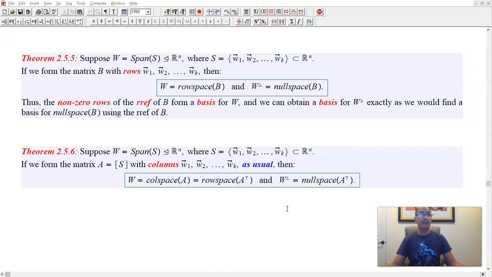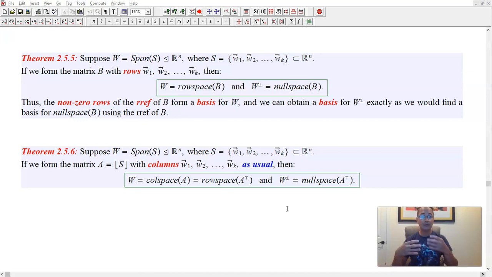If W is the span of S, a set of vectors from Rn, where S is w1 through wk, and we form the matrix B whose rows are w1 through wk, then W is the row space of B, and W perp, the orthogonal complement, is the null space of B. Remember how we solved the homogeneous system?